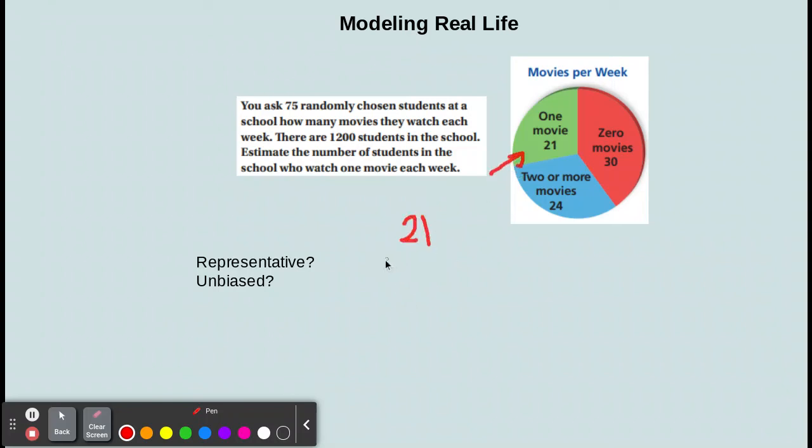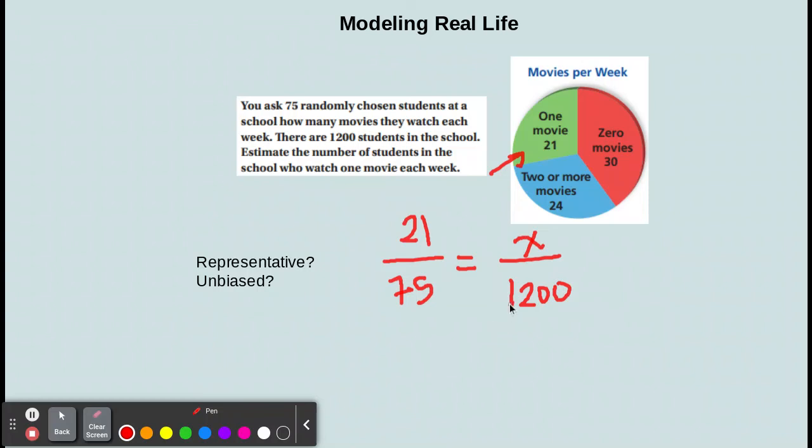21. So 21 out of our 75 watch one movie a week, and we want to estimate how many for our 1,200 students, right? So we can set up a proportion and we can solve for x.